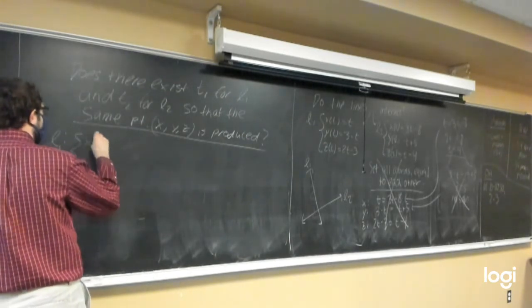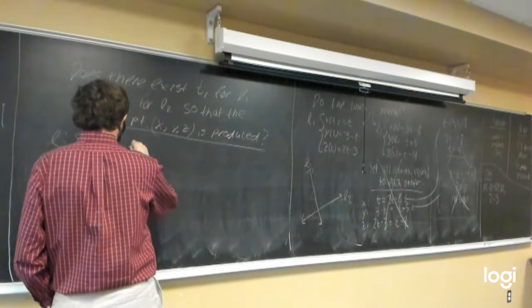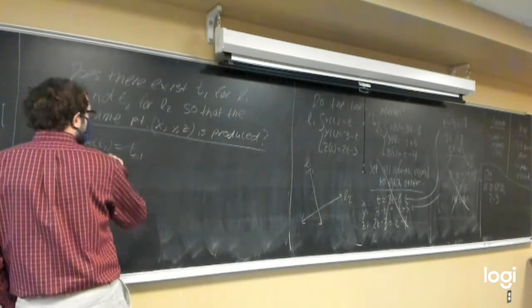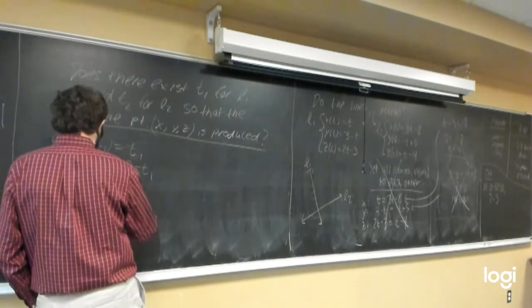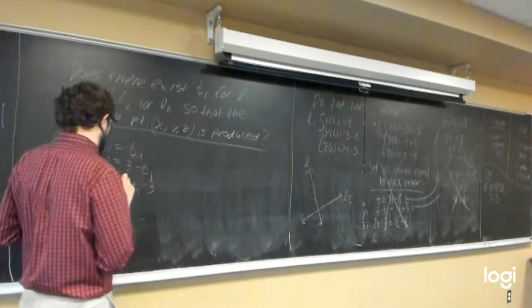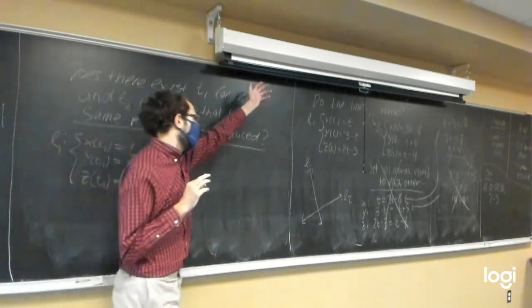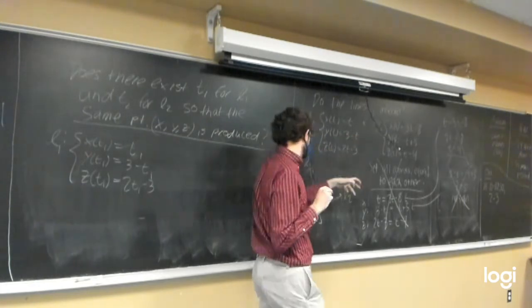which means for our first line, if we write it out as x of t1 equals t1, y of t1 equals 3 minus t1, and z of t1 equals 2t1 minus 3, where all I've done here is I just took the original L1 and replaced t with t1s.